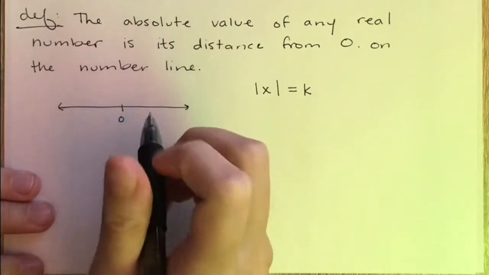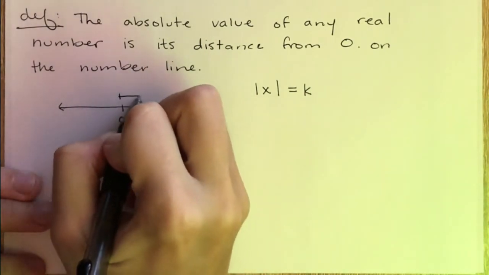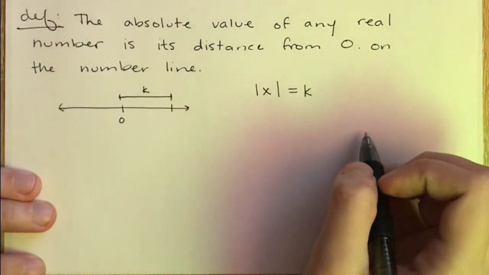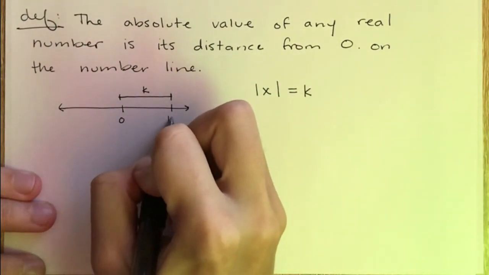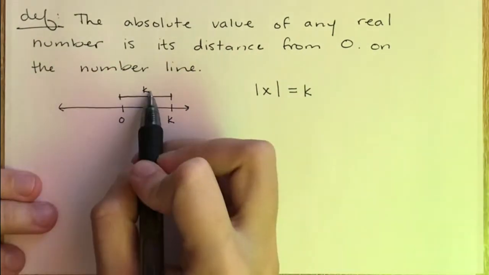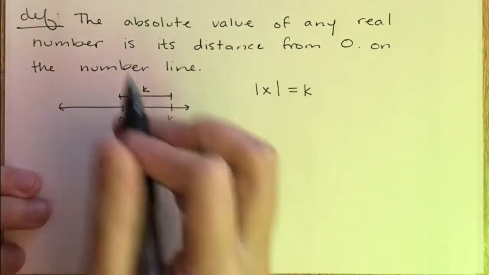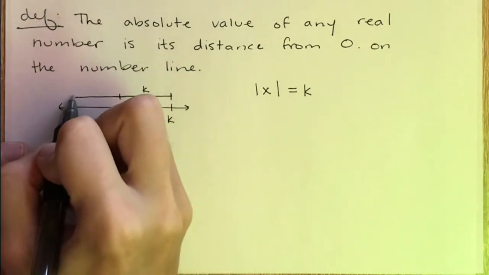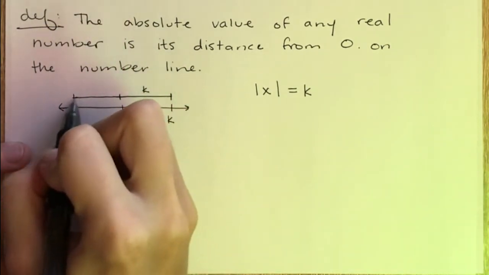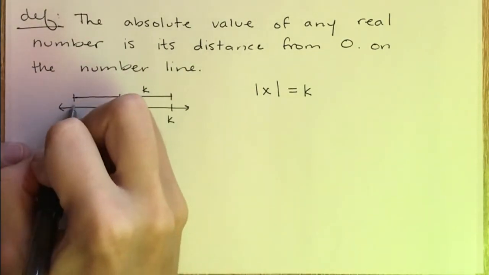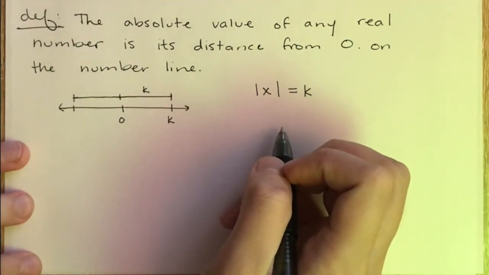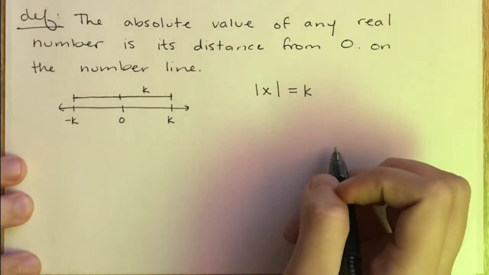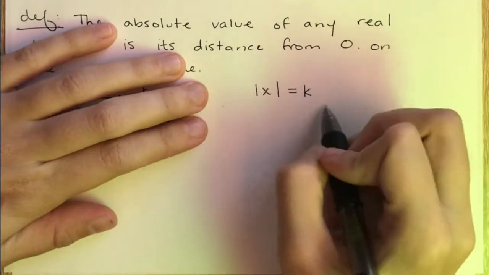What is k away from 0? Well, this number is k, right? k plus 0 is k. But there's a second number that's also k away from 0, right? If we go k in this direction, what's this number? Negative k, right?